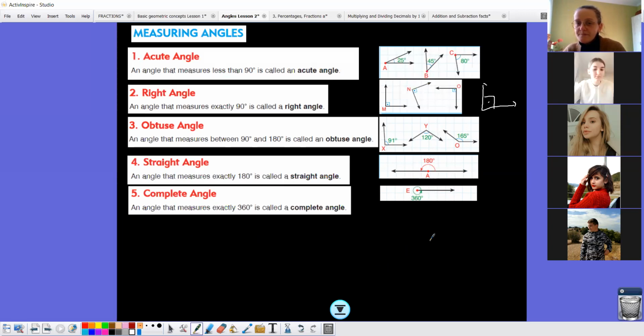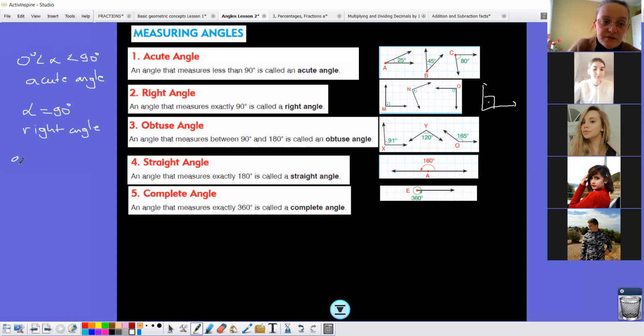Did you understand? From 0 till 90, it's called an acute angle. I can write like this. From 0 degrees, let's say alpha is our angle, till 90, it's an acute angle. When alpha is equal to 90, it is a right angle.